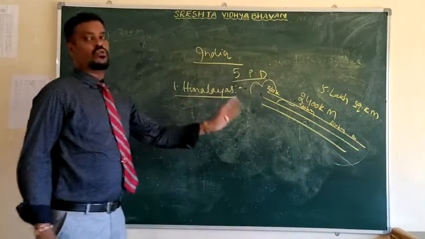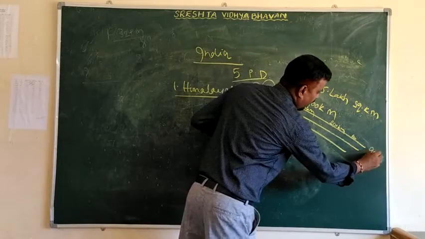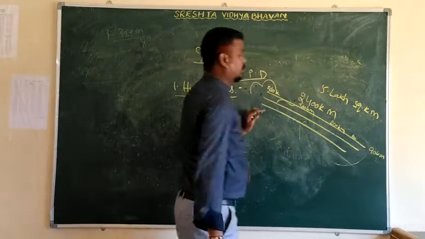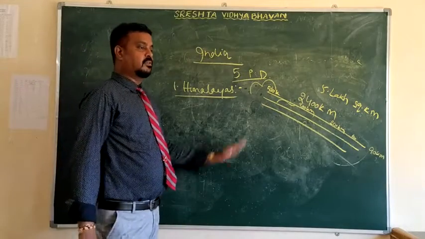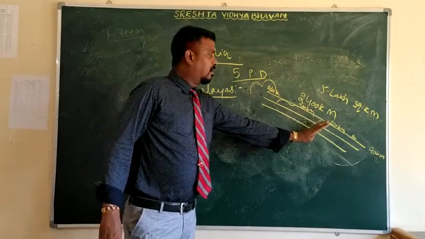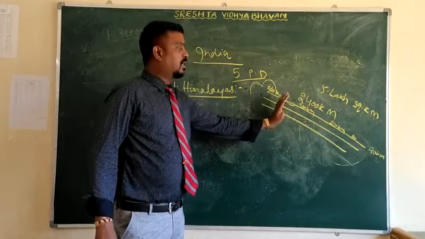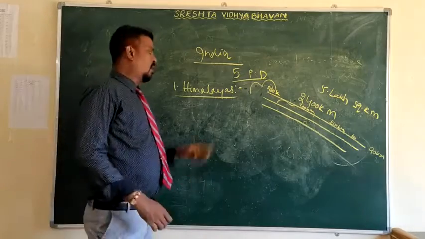When you come to Arunachal Pradesh, the width is only 90 kilometers. This is completely snow bound. This is all about the Himalayas.